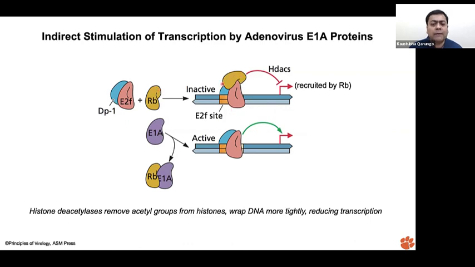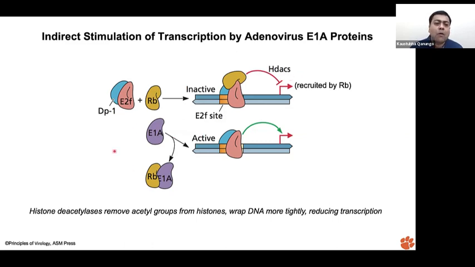RB doesn't directly inhibit the function of E2F, but RB recruits specific proteins, which we call HDACs, or the histone deacetylases. These histone deacetylases are responsible for tightening of the DNA, so the downstream gene cannot be transcribed. Remember that when the DNA is tightly wrapped around the histones, it cannot be transcribed. And this is done by RB, by the recruitment of the histone deacetylases.